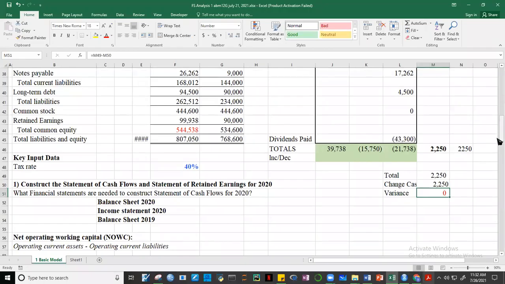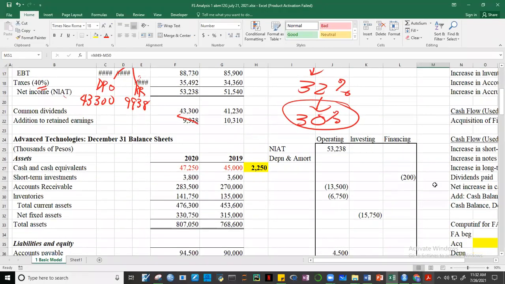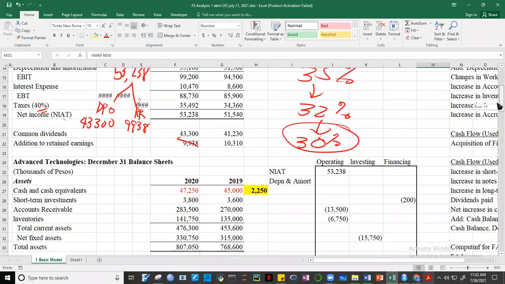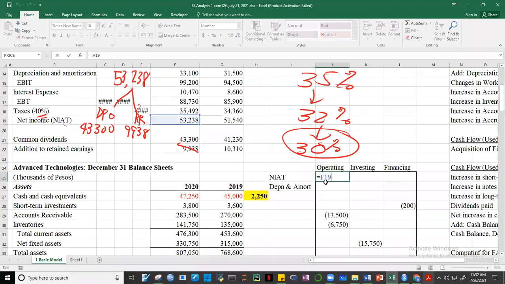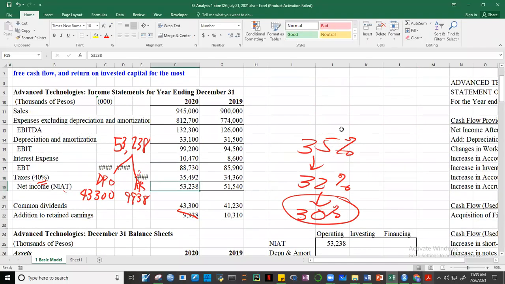So quick review, guys. We're now constructing our statement of cash flows. We start with the net income after tax. Saan natin kinukuha yan? From the income statement, okay? Dito, income statement of 2020. Now, in arriving at the net income after tax, sabi natin, equal to cash ba yan? Sabi nyo, hindi.